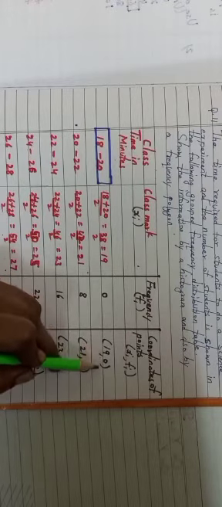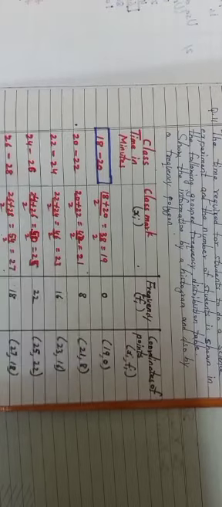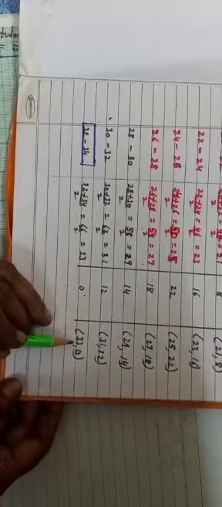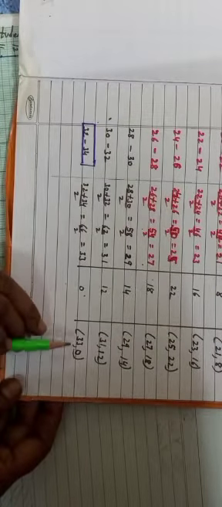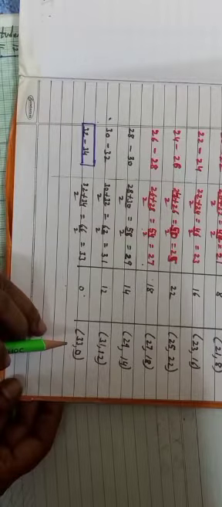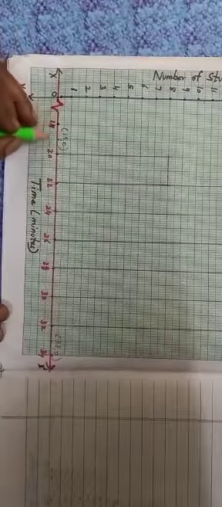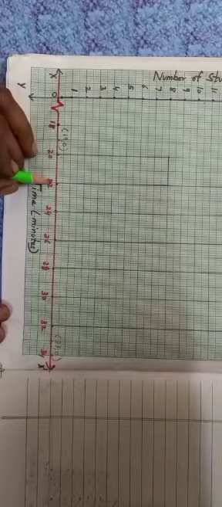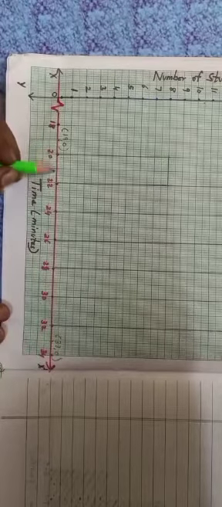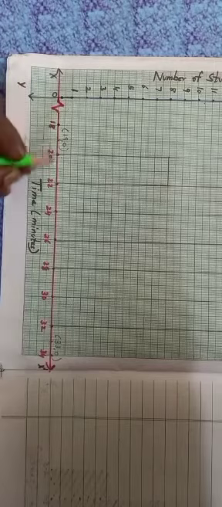The y coordinate is 0, and the last one is 33, 0, where the y coordinate is also 0. So these 2 points will lie on the x-axis. Here I have shown 18, then this will be 19, that I explained to you all, 20, this will be 21, this will be 22, because 1 centimeter is equal to 1 minute.